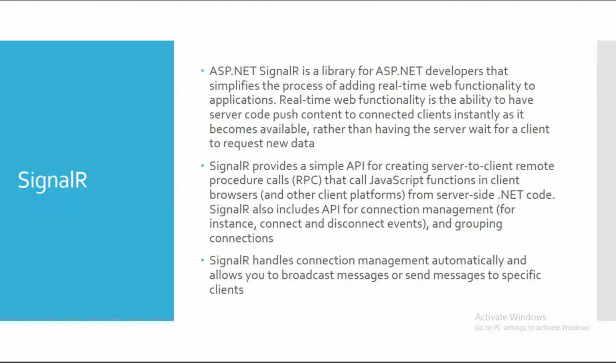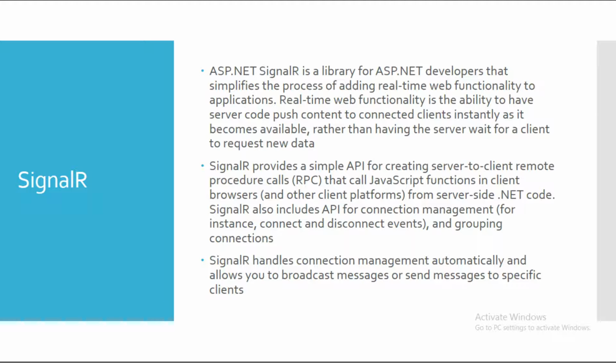It's very easy to use and implement. You don't need to study a lot to do that. It's very easy to start up and implement this in your projects. So when we do the demo, I'll explain what the basic things are that we need in order to use SignalR in our projects.